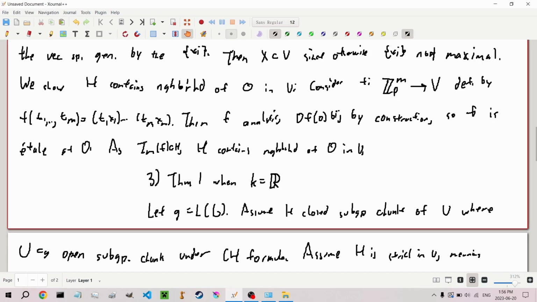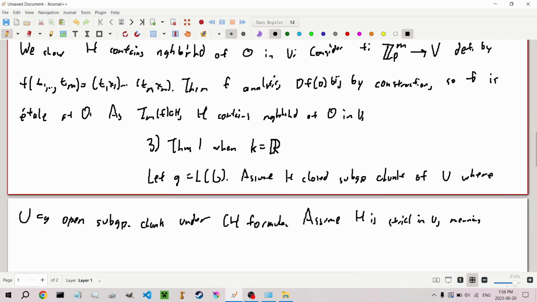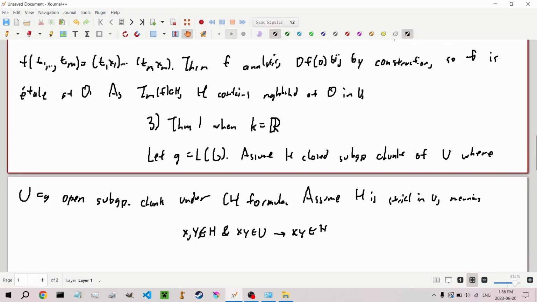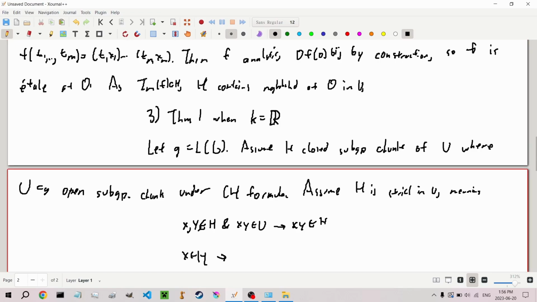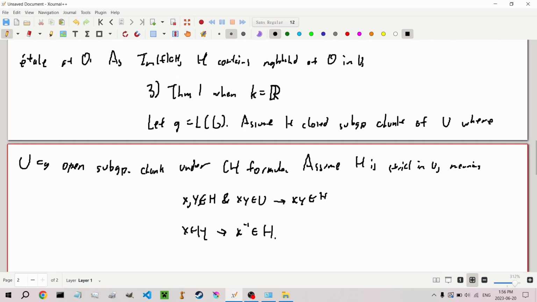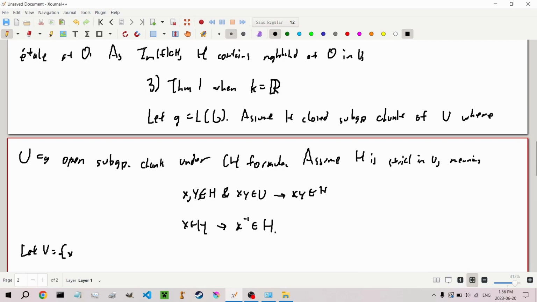which means that if X and Y are in H and their product is in U, then their product is in H, and if X is in H, then its inverse is in H. We're going to then let V be the X in g where tX is in H for sufficiently small t.